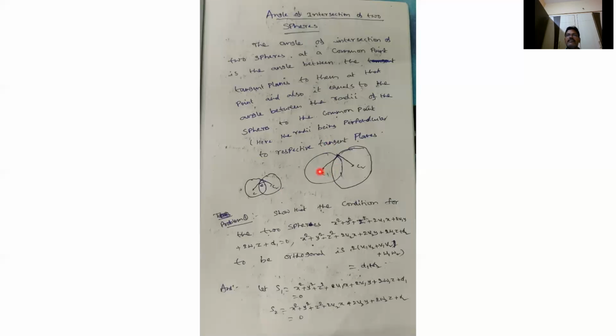Suppose you see these two spheres intersect at this point. How can we define the angle between these two spheres at this common point? Suppose this point is P. Now find the tangent plane to this sphere and the tangent plane to this sphere, and the angle between these two tangent planes is called the angle between the two spheres at the common point.